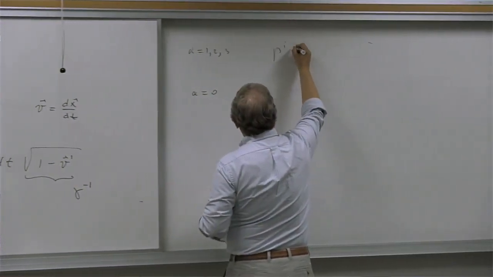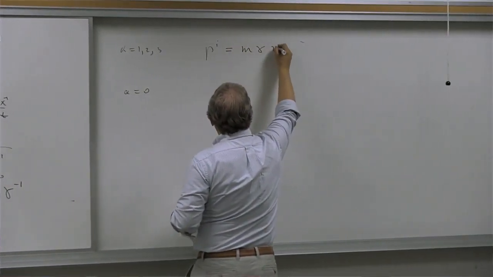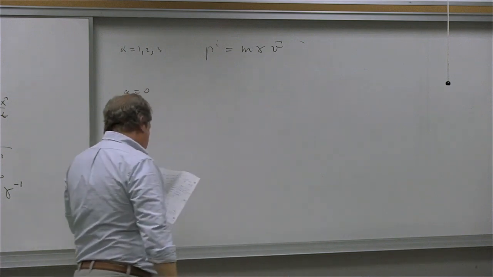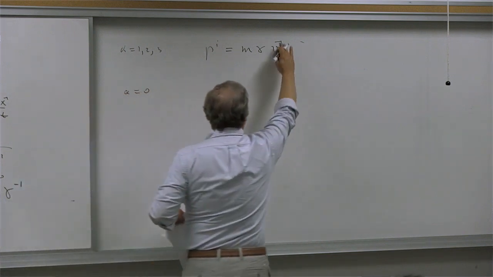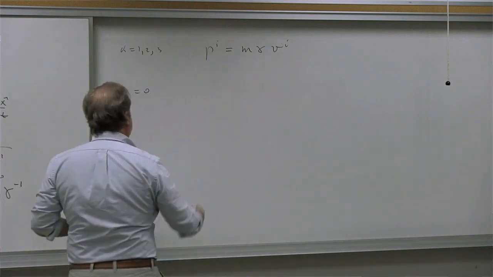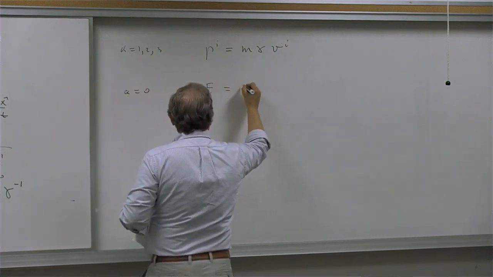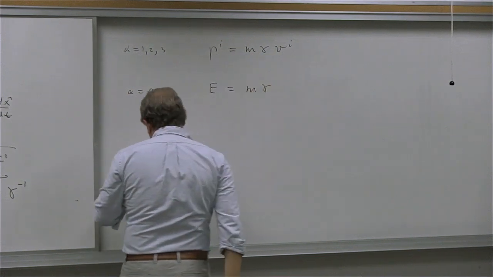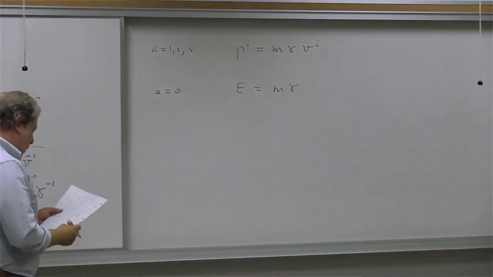So we have that p^i is equal to m gamma times v^i, let's write it in components, and the naught component tells us that the energy is equal to just m times gamma.